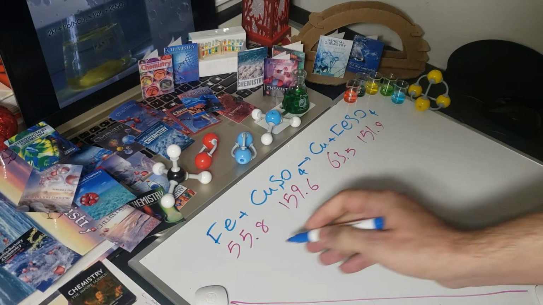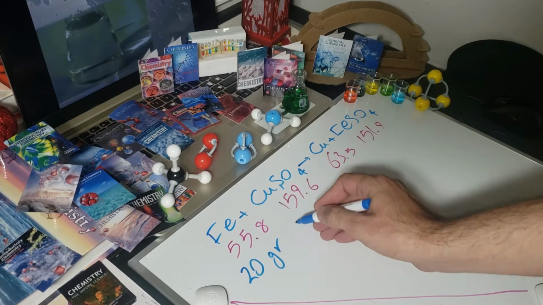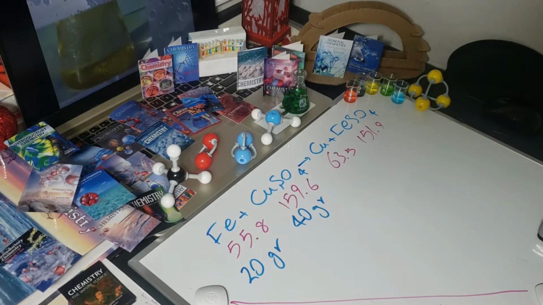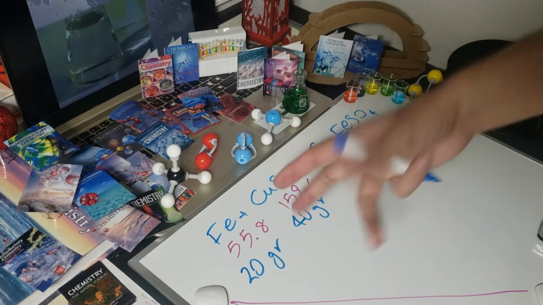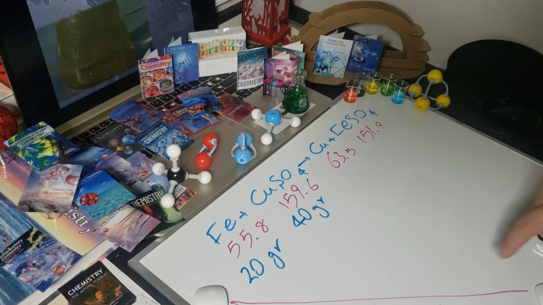Okay, if the problem tells you that you have 20 grams of iron and 40 grams of copper sulfate, and it asks how much of this or this would be produced, or which one is the limiting reactant, or how much of the excess reagent would remain, because one of them is going to be the excess reagent, what should we do?